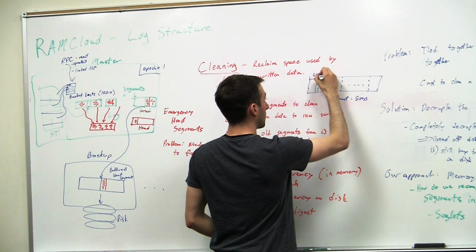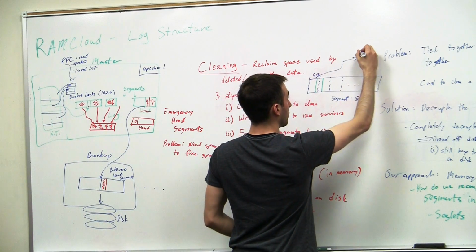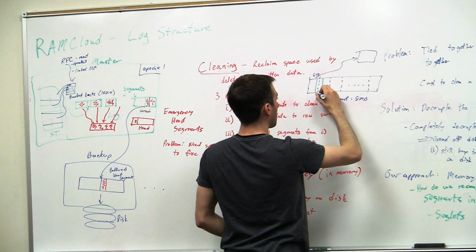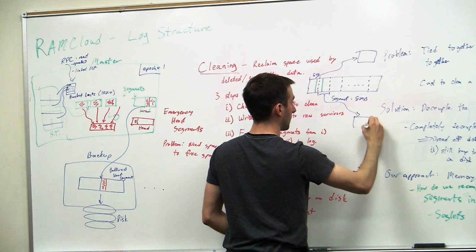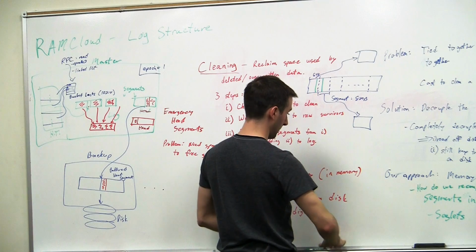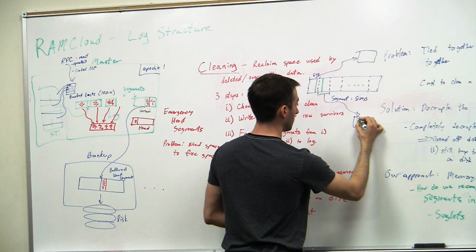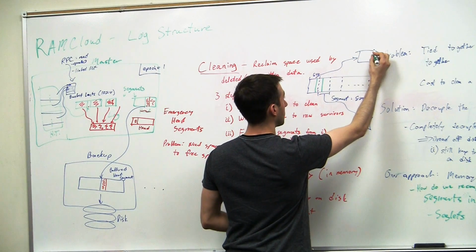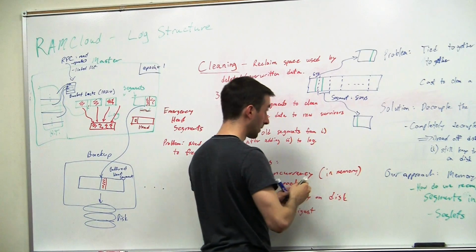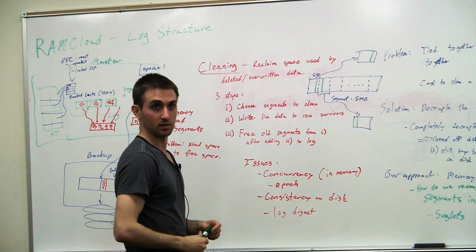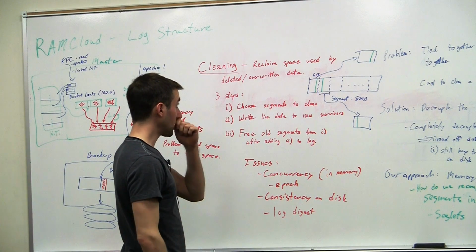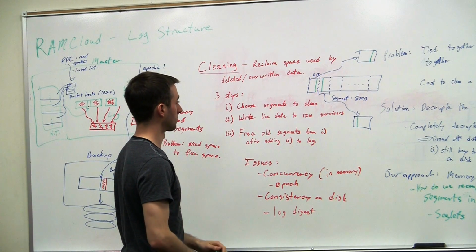This seglet points to somewhere in memory. This seglet points to somewhere else in memory. And you end up having a little bit of an object over here and the front of the object over here. Make sense?